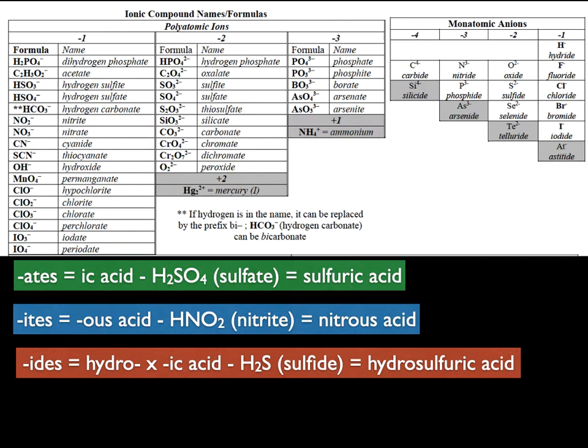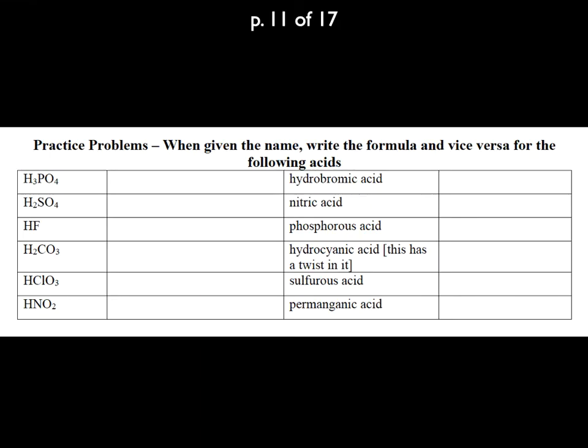If it's an ide, that needs the hydro first, the stem, and the suffix IC. So H2S would, since S is sulfide, would be hydrosulfuric acid. I'm showing you the root and where the names came from, so you can see the one that I chose. And the last one is over here because it's monatomic.